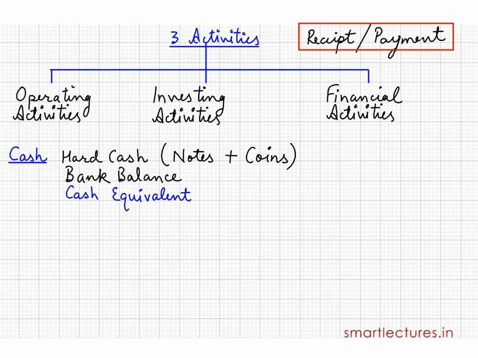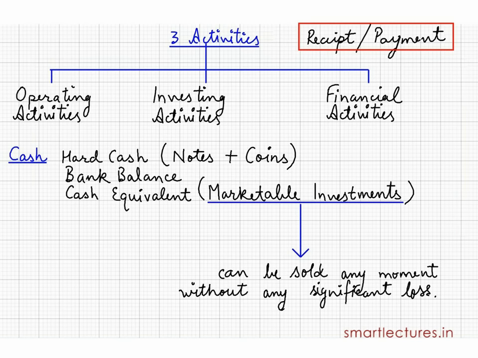Now it's a new thing for you. What is the meaning of cash equivalent? Cash equivalent means all the marketable investments are called cash equivalents. It means you have invested money somewhere, means any investment that can be sold at any moment without any significant loss, that investment will be called cash equivalent.